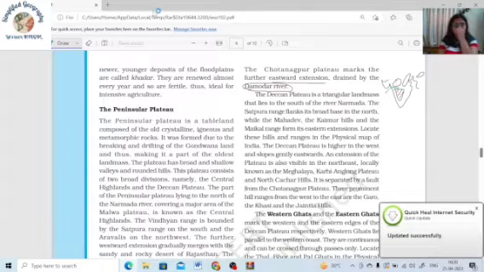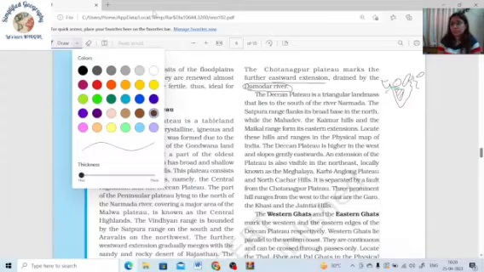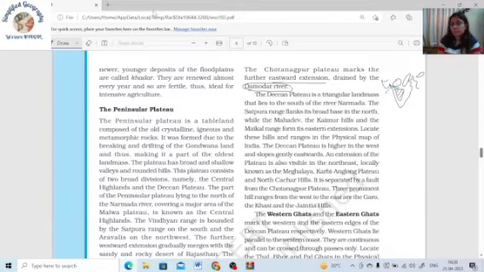The Satpura range flanks its broad base in the north, whereas in this particular location we find the Satpura, Mahadev, Kaimur hills. So Mahadev, Kaimur hills and the Maikal range form its eastern extensions.